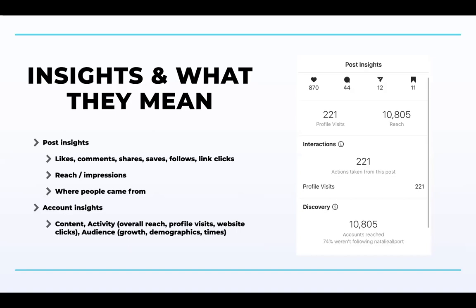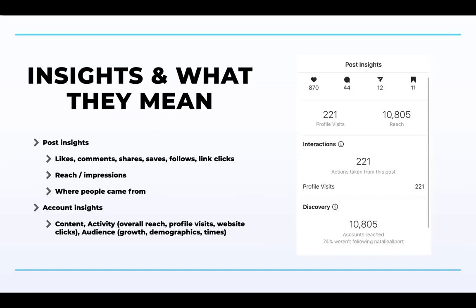Instagram and any social media platform makes money from people spending more time on the app. So for example, if someone sees a post and the minute they see it they log off Instagram because they didn't like it, or somehow it led them off the app, Instagram isn't going to like that because it's not letting people spend more time on the app, which is what makes them money.